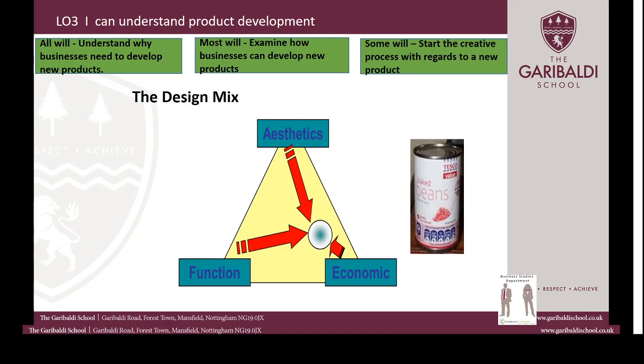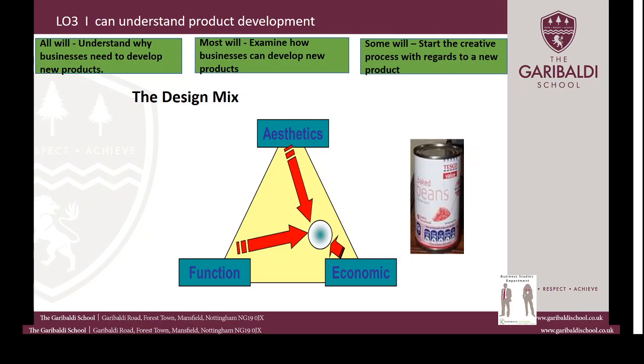It's important that you consider how a product looks. It's important that you consider how well the product works. How well does it carry out the function that it's designed to do? And it is important that you consider how much it is going to cost you to supply that product to the end user.